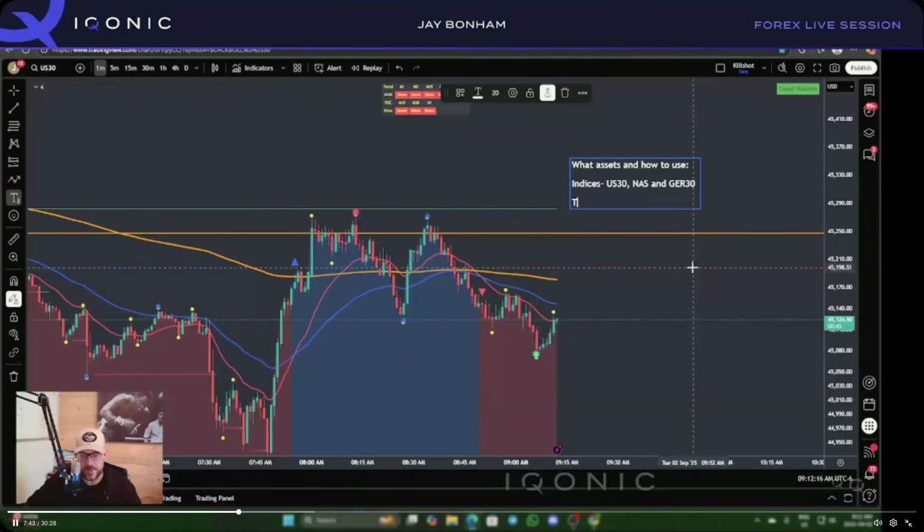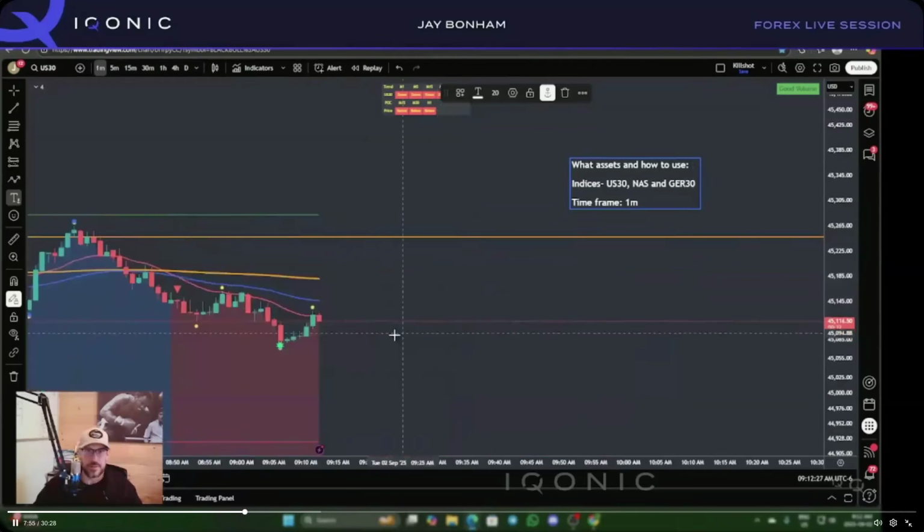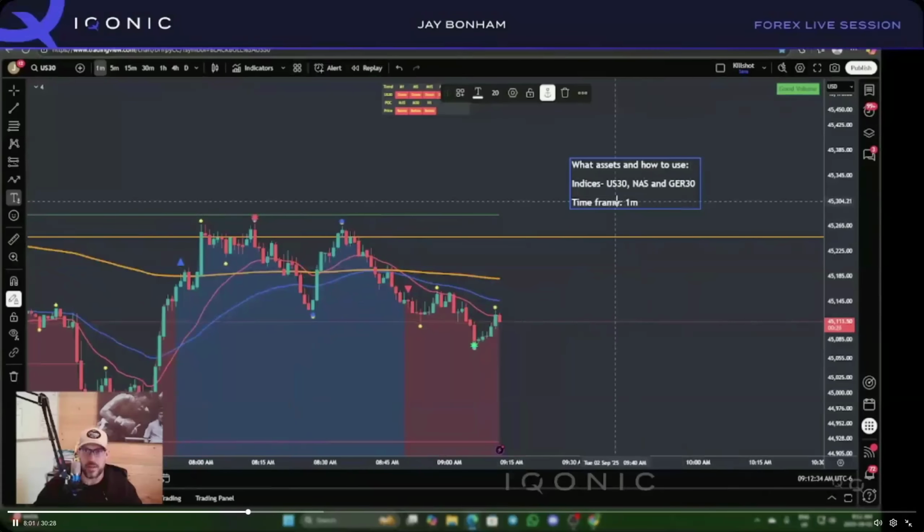Our time frame to trade these is the 1 minute. So we're looking to trade US 30, NAS, and JUR 30 on the 1 minute chart. And then our time frame to analyze.